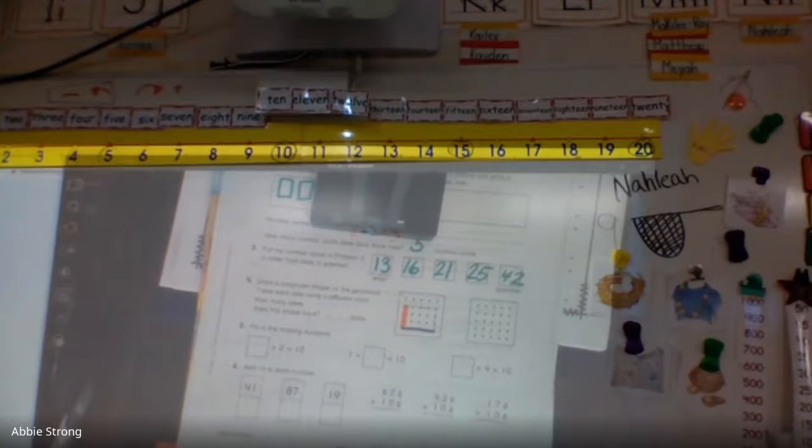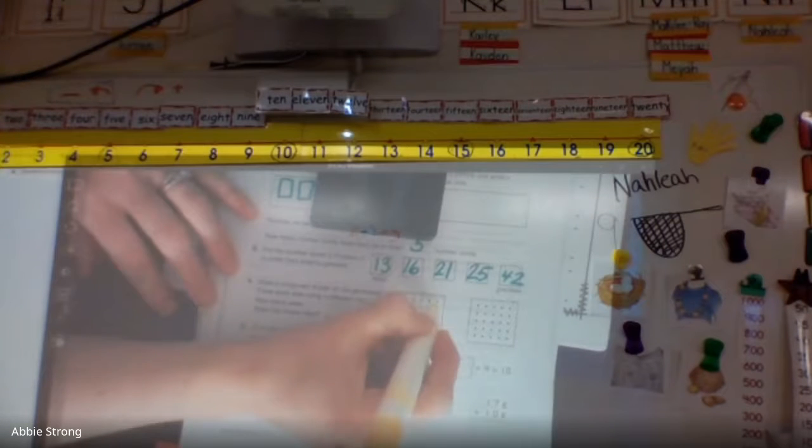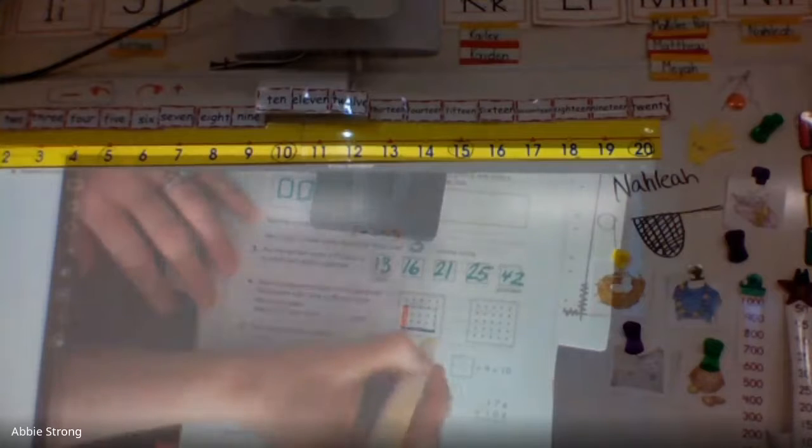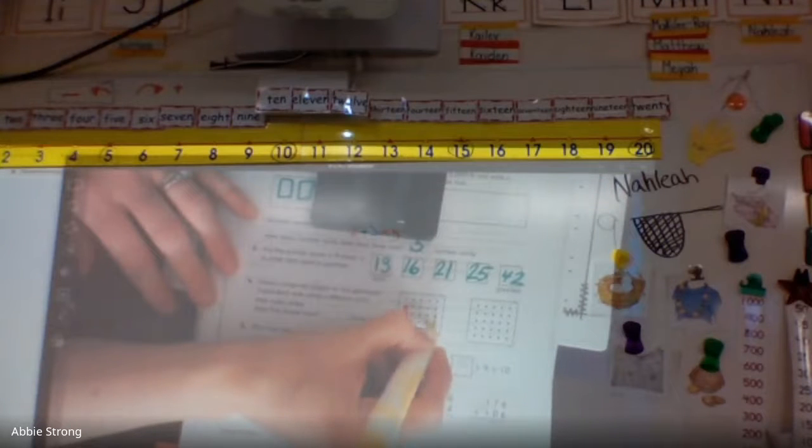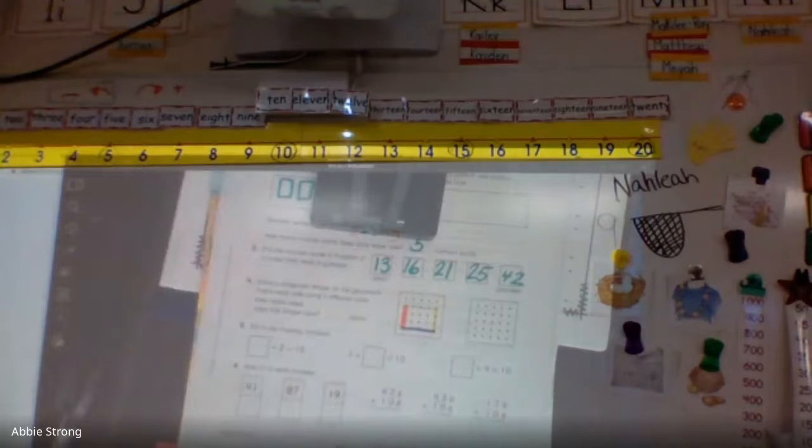Okay, find your third color and go back up. So third side. 1, 2, 3, 4. It's 4 dots tall on the other side.